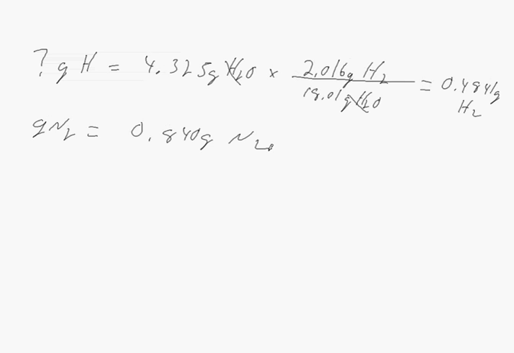So having done that, what we can now do is find out how many moles of each of the substances we have, because we know the number of grams. The number of grams of carbon, we're told, is 2.163 grams of carbon.